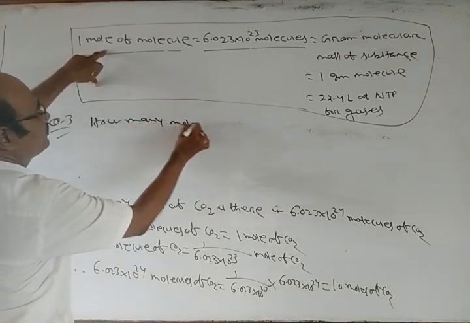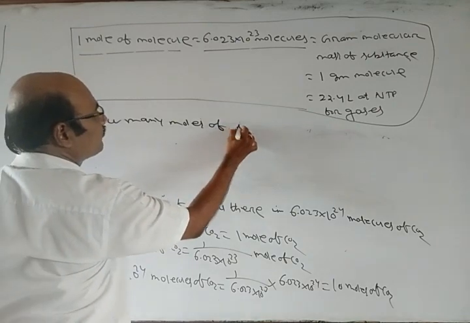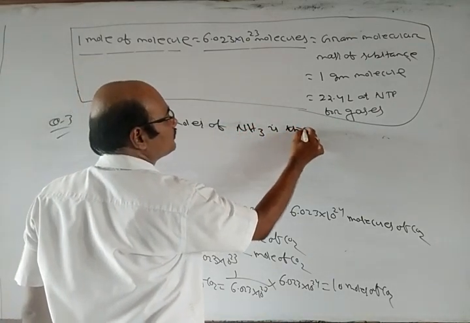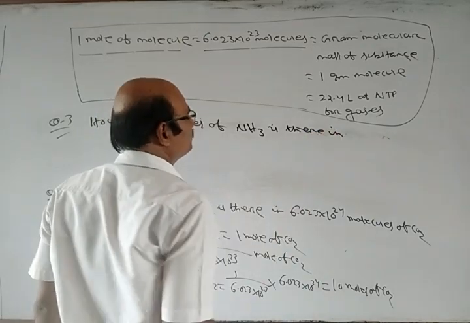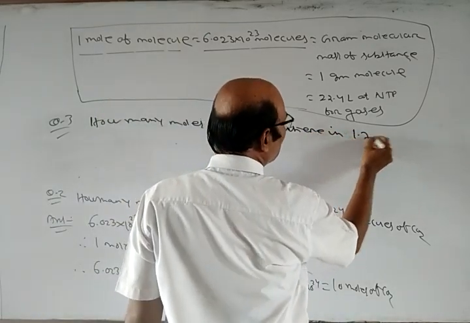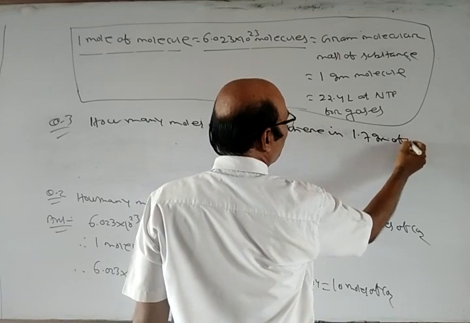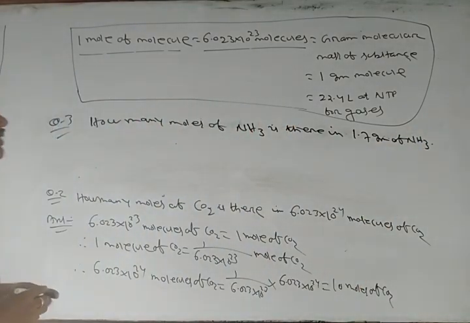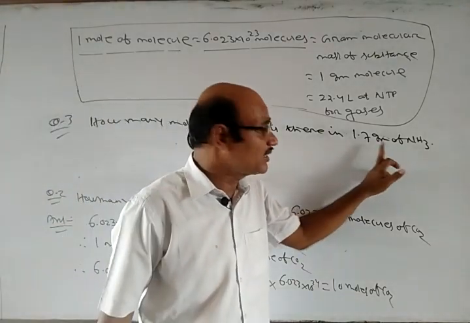How many moles of ammonia are there in 1.7 gram of ammonia? See, how many moles of ammonia are there in 1.7 gram of ammonia.